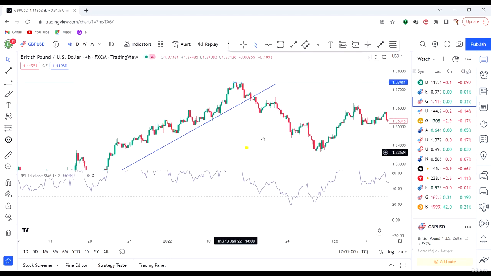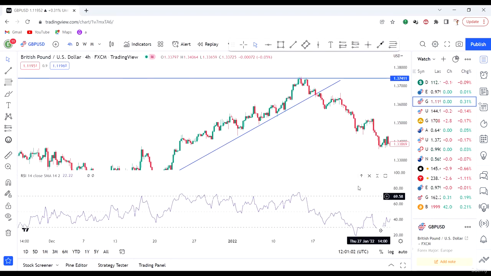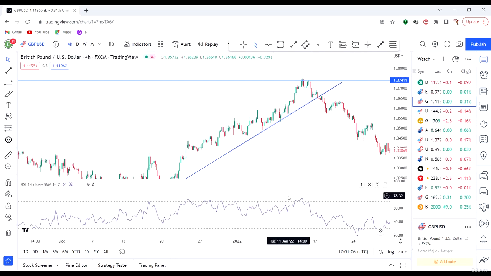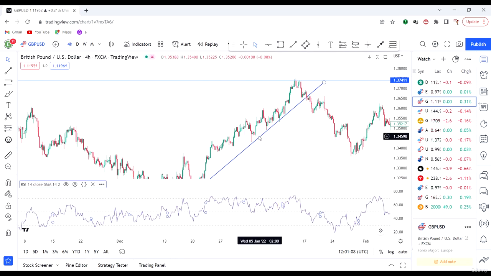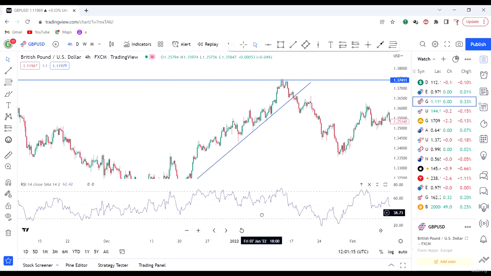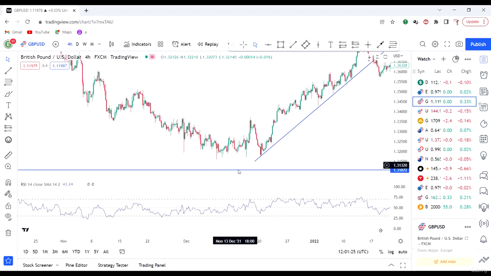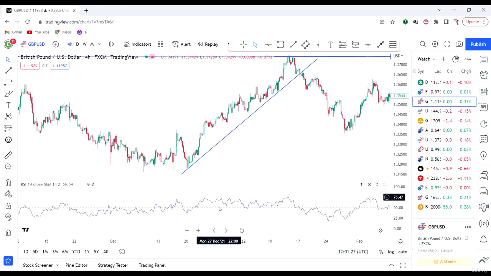So you can learn more about how to use the indicator. You can see a perfect example here at points where the market really didn't go as low as 30 at this point, but it was just trading above 50. So this tells us that the uptrend is very powerful, has a lot of momentum.